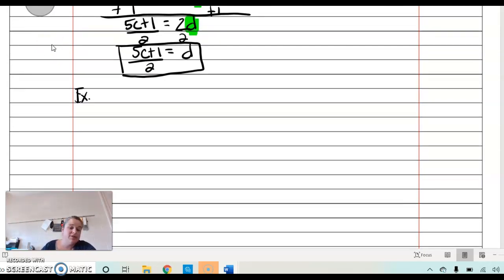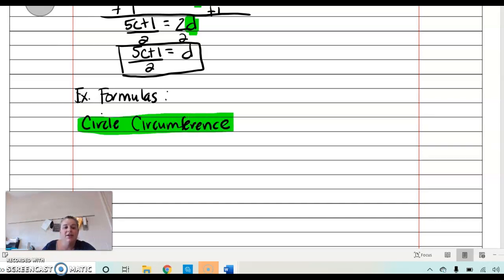The formula for the circle. And we're going to look at the area. No, we'll look at the circumference. Circumference is, just for fun, we'll get into this later, the distance around the shape, or the perimeter.